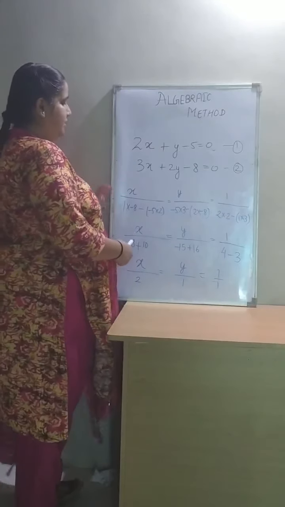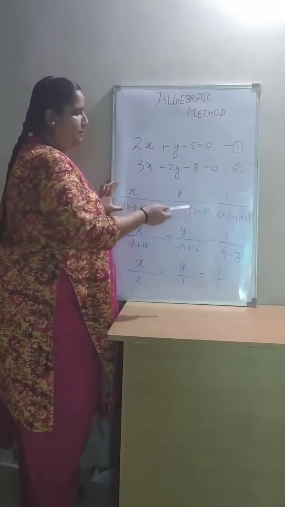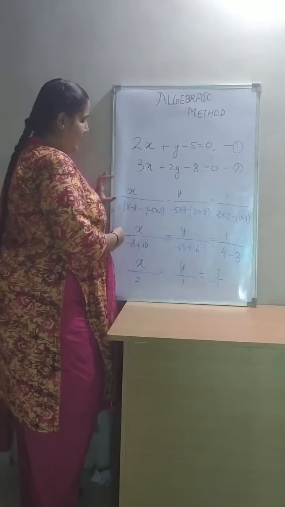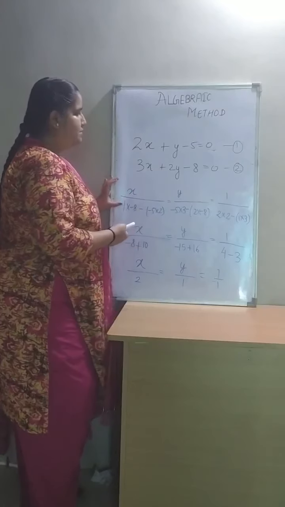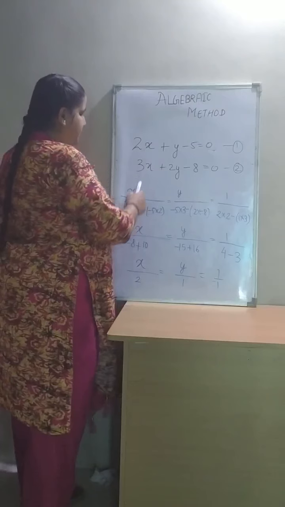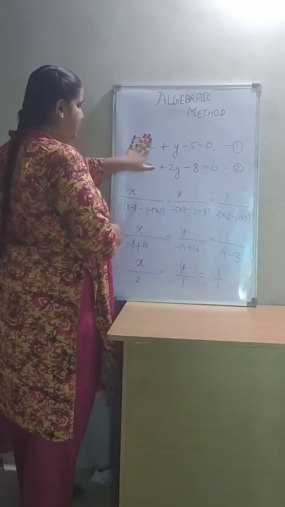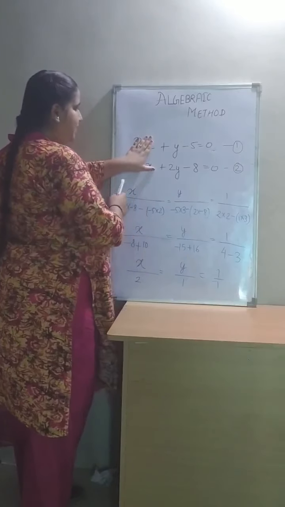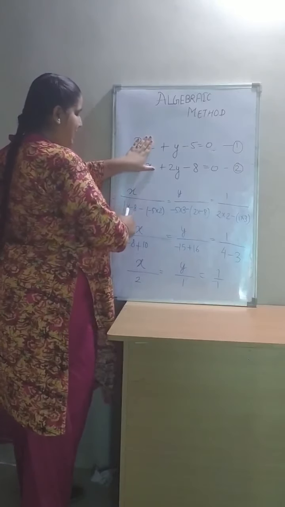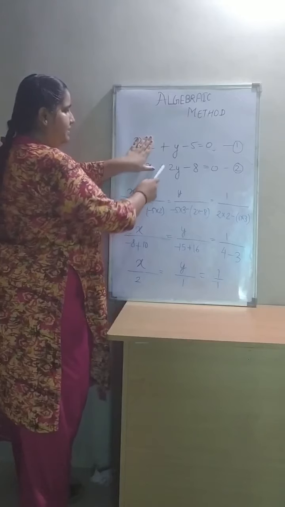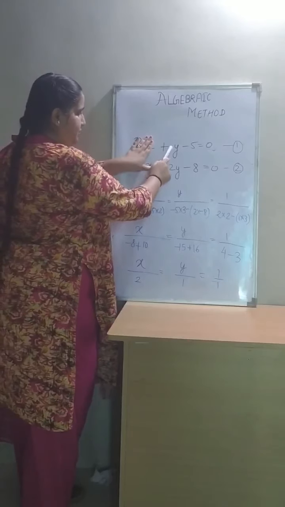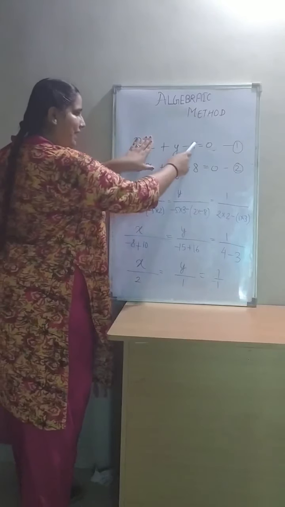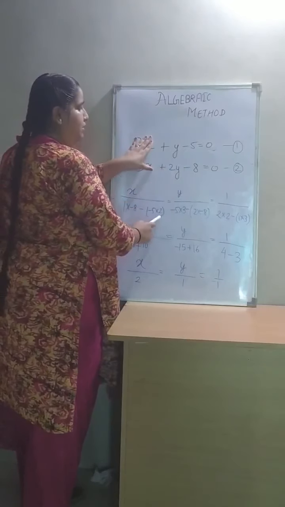First of all, you can use the formula which I have just discussed. Otherwise, if you want to write the coefficient for x, we cover up the x portion, and then in the denominator of x we write the coefficients of y and constants from here: 1 into minus 8 minus minus 5 into 2.